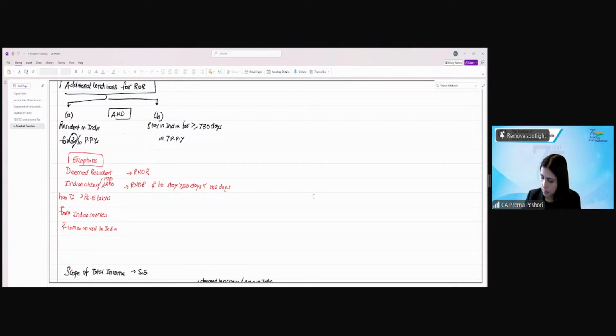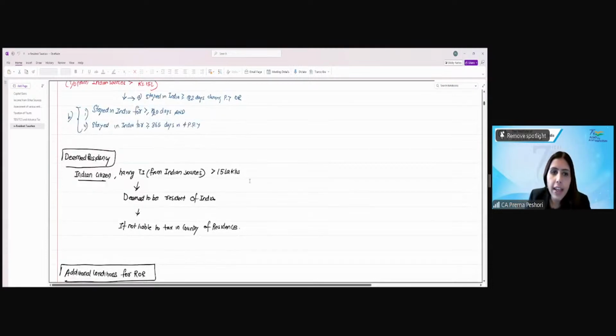Because for an Indian citizen, the government is giving some exemption like 15 lakhs. For non-resident, all the income is taxable. There is no exemption. No. See, 15 lakh is to determine whether you will be deemed resident or not. It is not an exemption that you have as an income category.